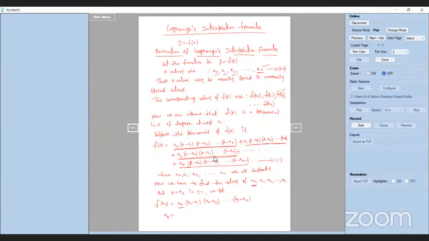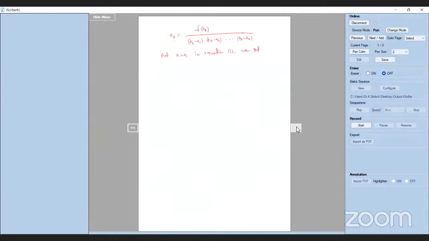So that is why if we take x equal to x1 in equation 1, we can write f of x1 is equal to a1 into x1 minus x0, x1 minus x2, and so on, x1 minus xn.